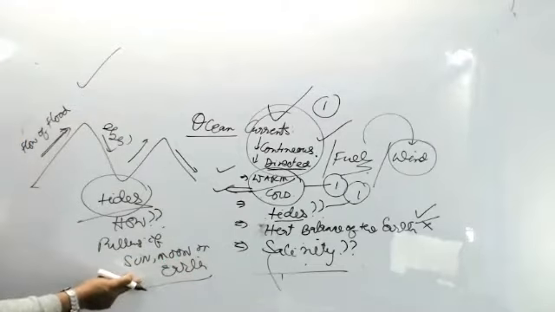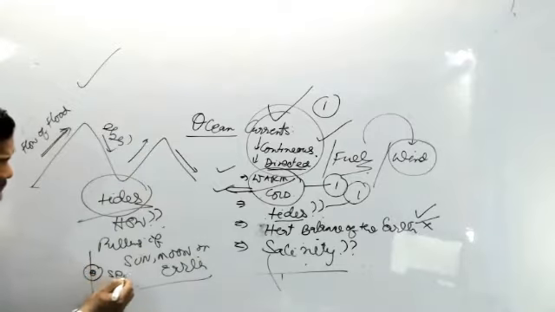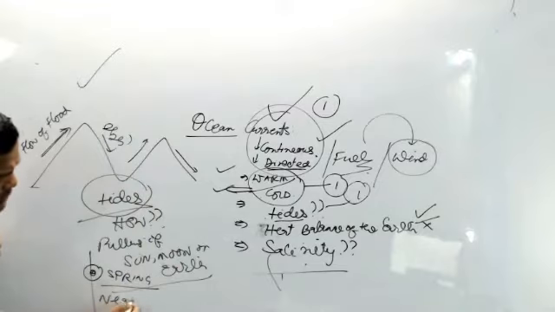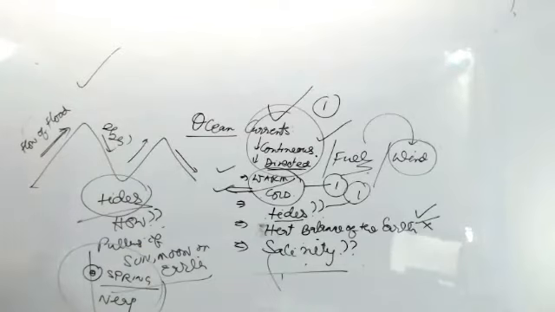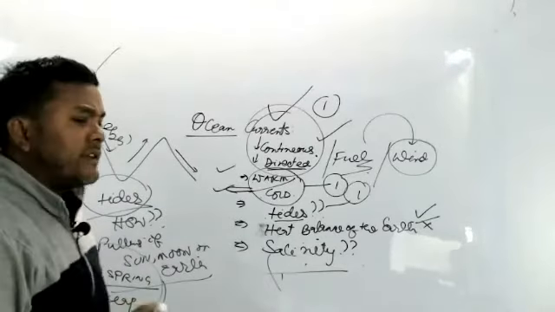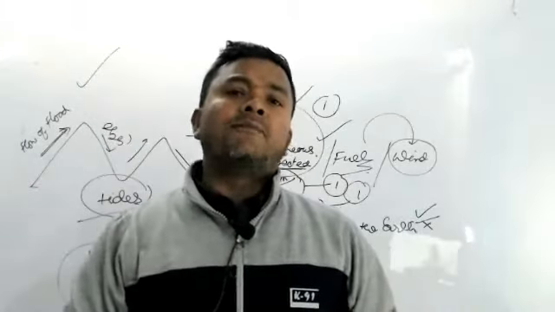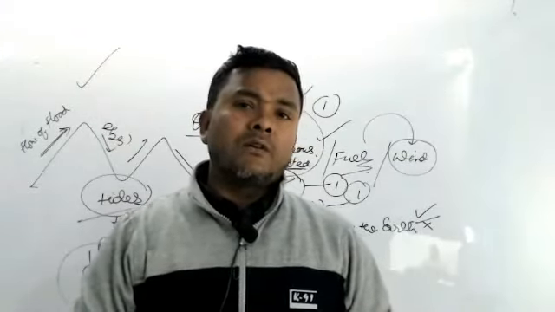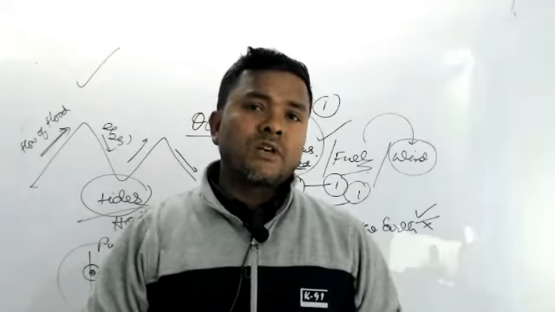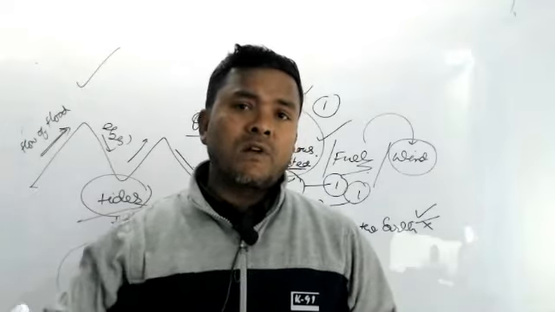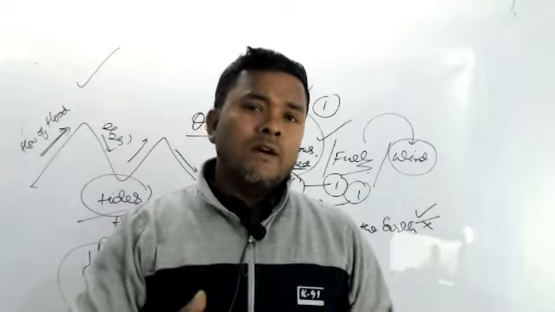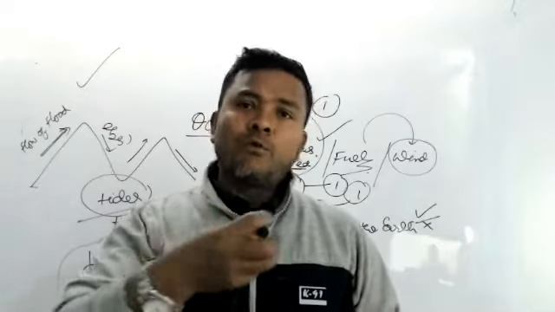One condition is called spring tide. Another condition is called neap tide. You need to be very familiar with these conditions. Spring tide is when the positions of the sun, moon, and the earth are in the same straight line, that is, the moon and the sun together pull on the earth.